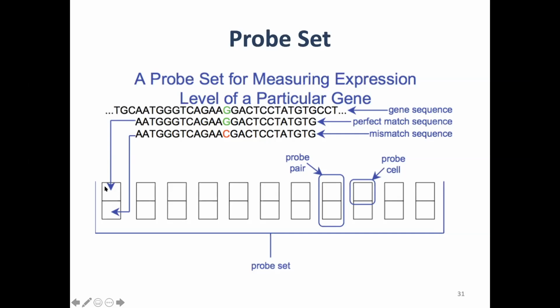This is perfect match, this is mismatch. Altogether there are 11 probe pairs, and these are the probe cells. In a probe pair, there will be two probe cells, one for the perfect match, other for the mismatch. This is for this segment of the gene, this may be for another segment of the gene, and so on. So do you understand this?